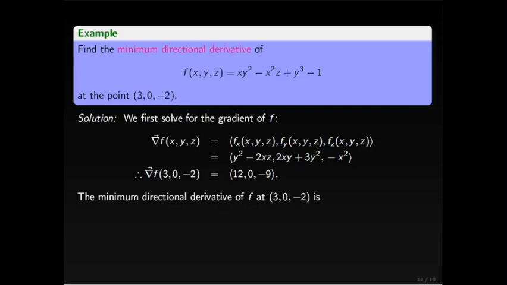And so the minimum directional derivative at (3, 0, -2) must be the negative of the magnitude of the above vector, which is negative square root of 12 squared plus 0 squared plus 9 squared, which is equal to -15.